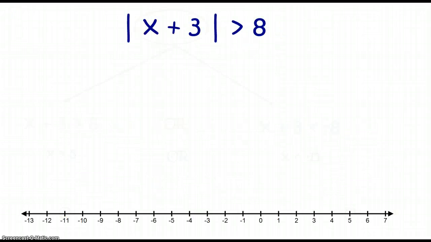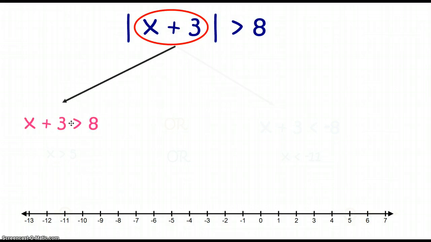Let's try one that's a little harder. This time we're using the absolute value of x plus 3 is greater than 8. The inside of the absolute value has to be more than 8 away from 0. So this time we're going to take what's inside the absolute value symbol and make it greater than 8.